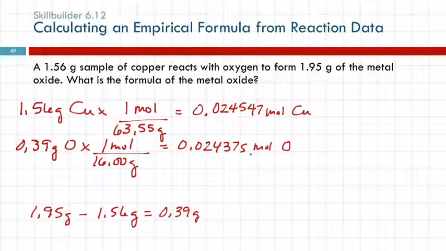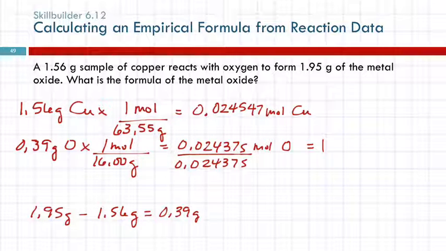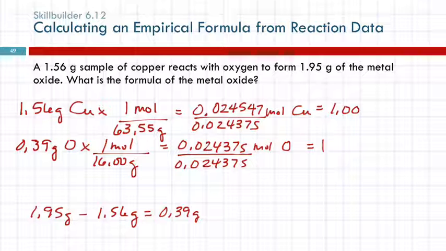But I don't like guessing when points are on the line, like on an exam. I'd rather not guess. So we'll divide by the smallest. Yep, as we suspected, this comes out to be 1.007, which we can round to 1. So this one is CuO.